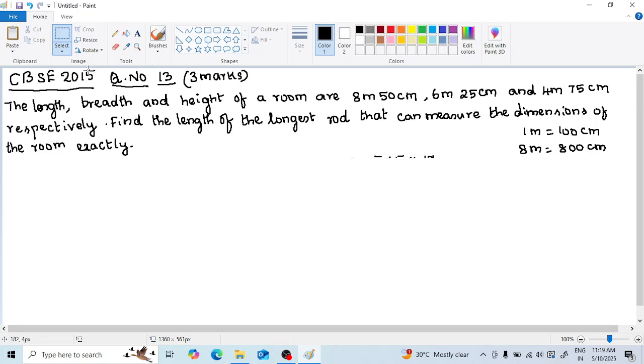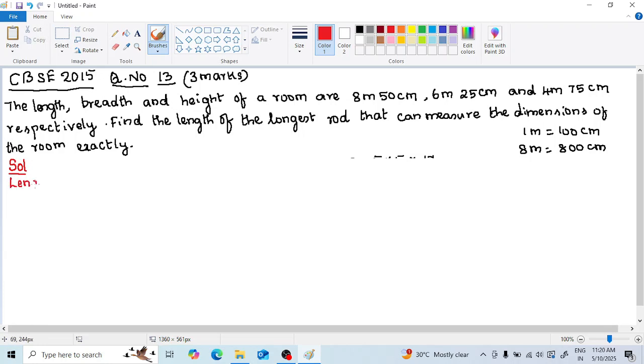So in the question, three values are given and the question is to find the length of the longest rod that can measure the dimensions of the room. Let me write the solution for this problem. So what is the length?